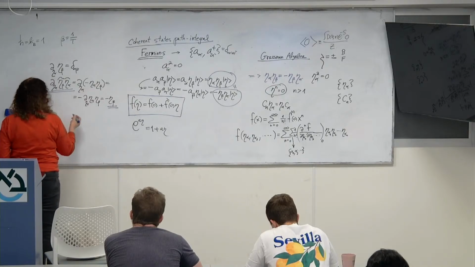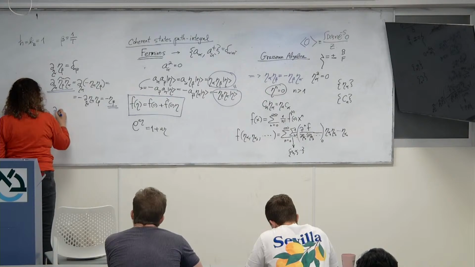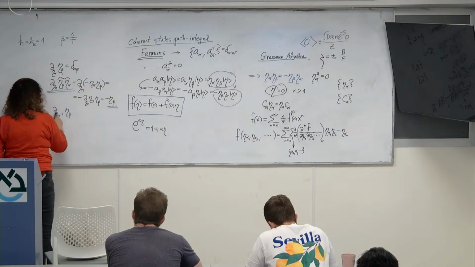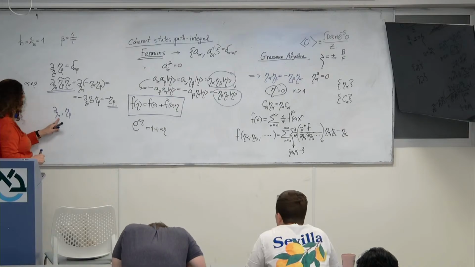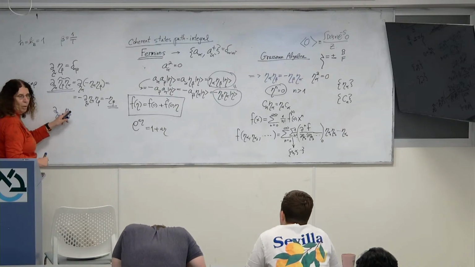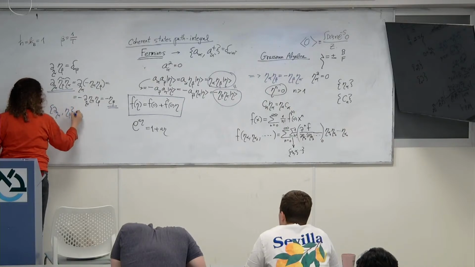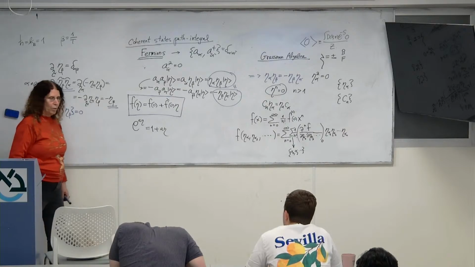So what I'm saying is that derivatives with respect to a Grassmann variable eta alpha and another Grassmann variable eta beta are also anti-commuting.